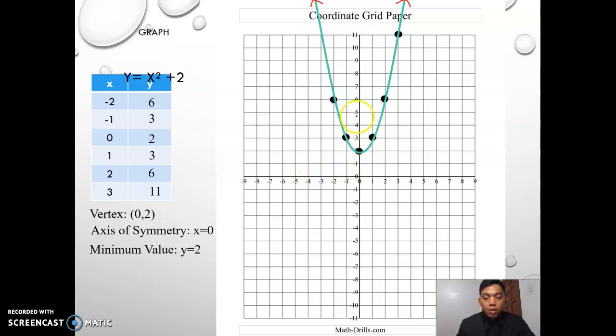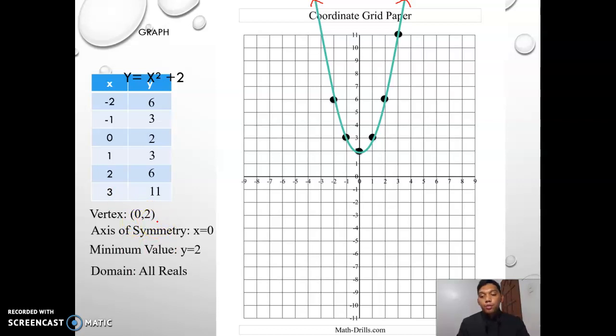The minimum value refers to the y value in the vertex. So the y value here is 2. The minimum point is (0, 2), same as the vertex. The minimum value is the y value in the minimum point, which is 2.